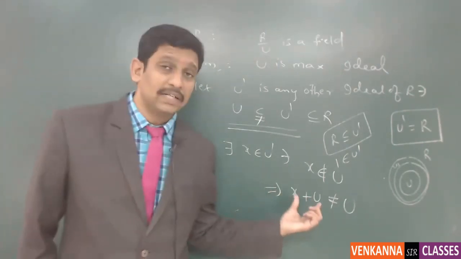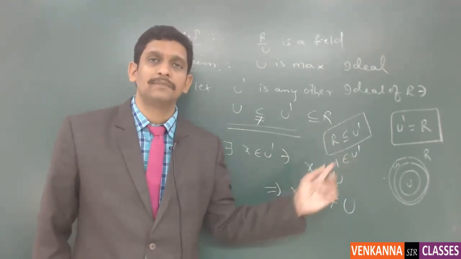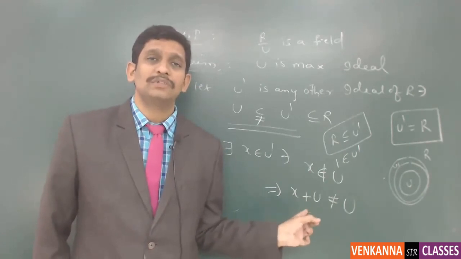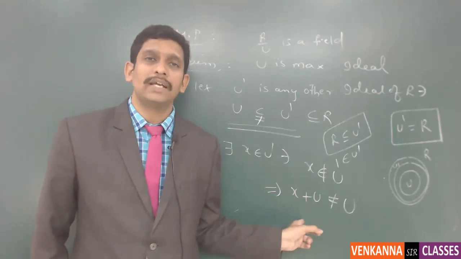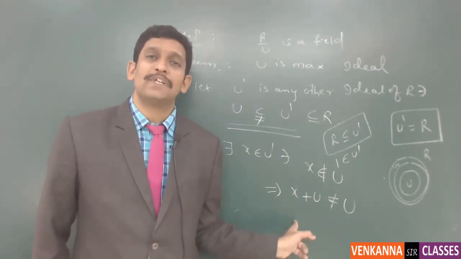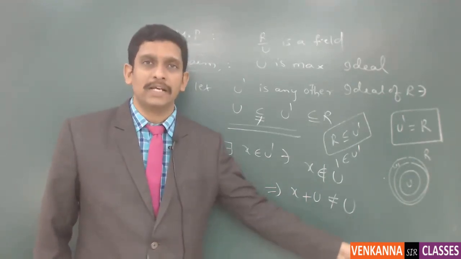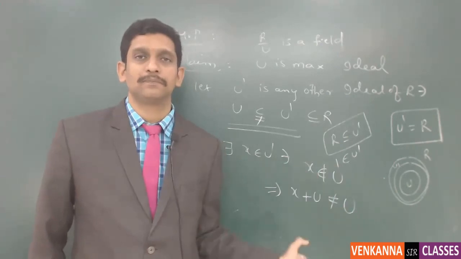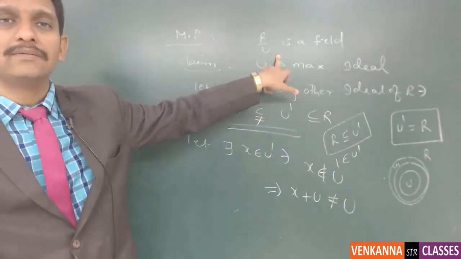Understand that x is an element in the ring, and x + U is an element in the quotient ring. So x + U is not equal to U means x + U is a non-zero element in the quotient ring. As per our supposition, the quotient ring is a field.